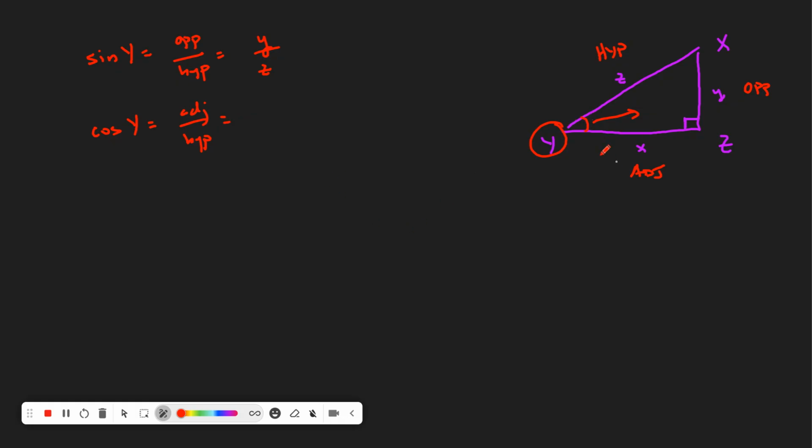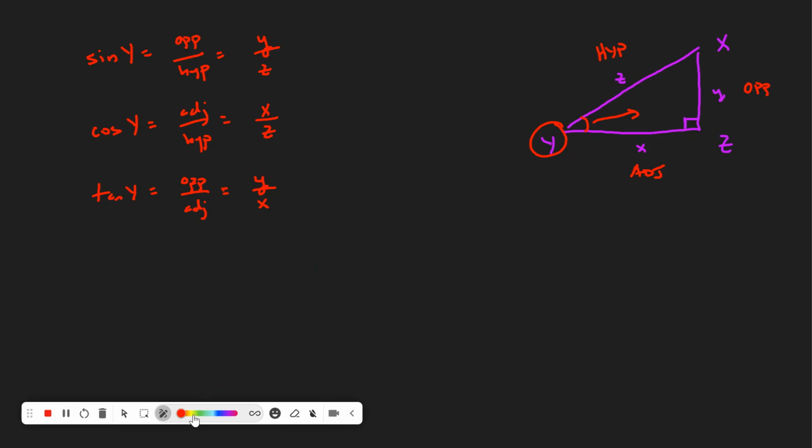And again, that's going to be, in this case, lowercase x over lowercase z. And then the tangent, tan of y, is equal to the opposite over the adjacent. And in this picture, that would be y over x. And there are the three trig ratios for angle y in this picture.